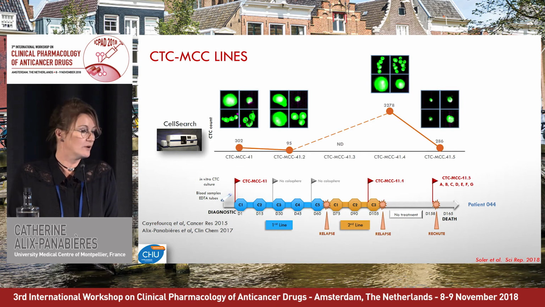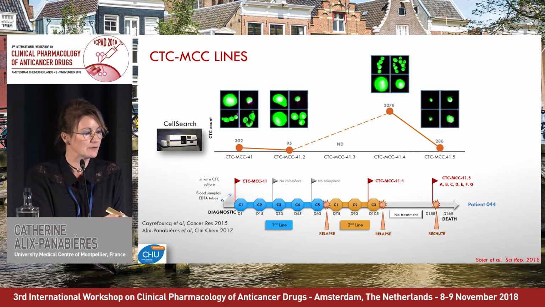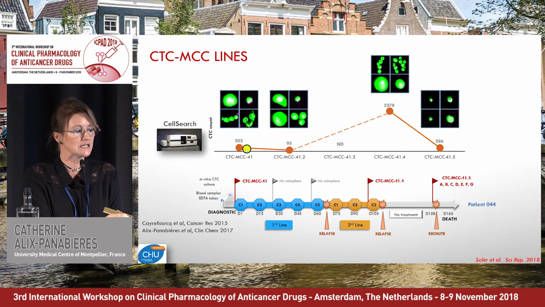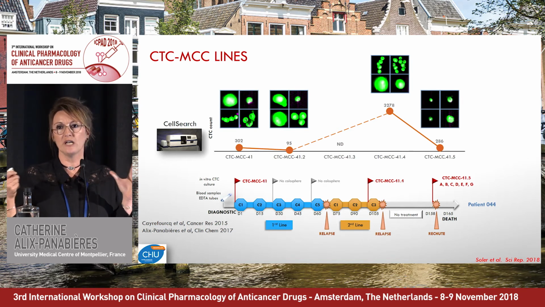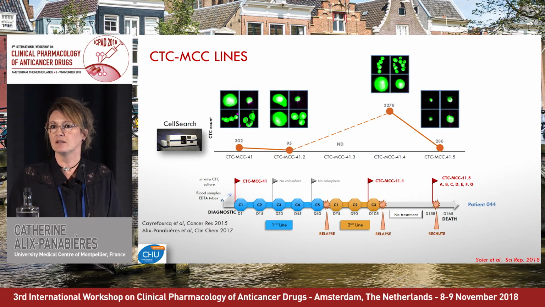What was interesting as well, as it is very difficult to get CTC lines, is the number of CTCs that you need to have in the bloodstream to get CTC lines. You need more than 300, which was a challenge in colon cancer because, as you know, there is a capture of these CTCs in the liver.